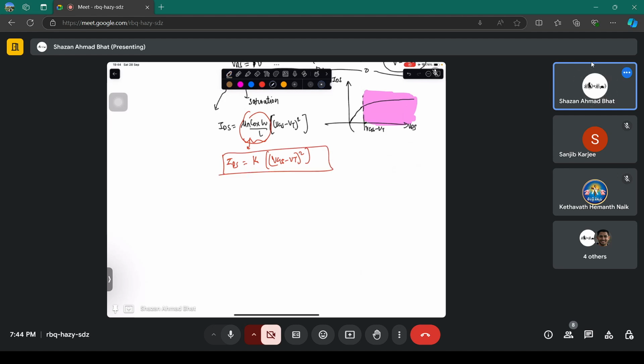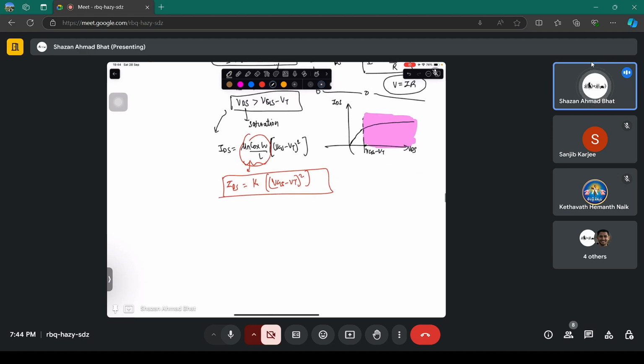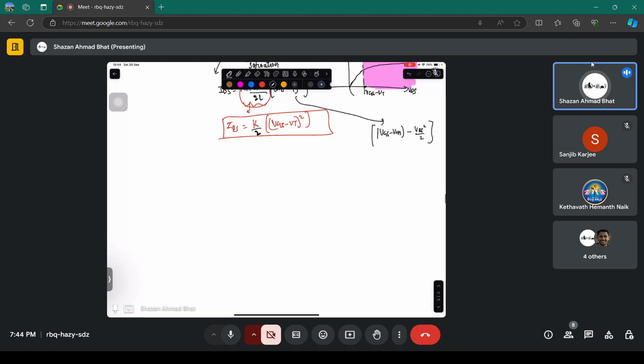And I think there's a 2 here basically. I missed that 2, because this equation is basically VGS minus VTH minus VDS square divided by 2. Yeah, so there's a 2 here. So this is basically kappa by 2. And when you compute it, what is kappa?